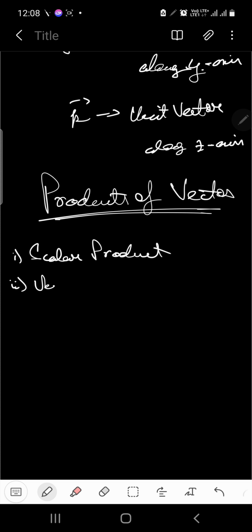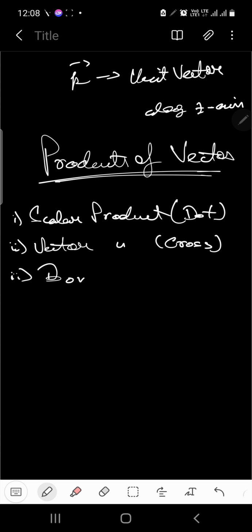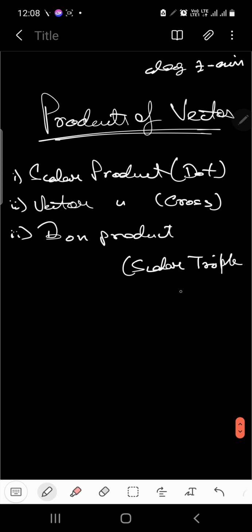One is your vector product, also called cross product. And the other is box product, also called scalar triple product. Okay, so we are coming to them one by one.